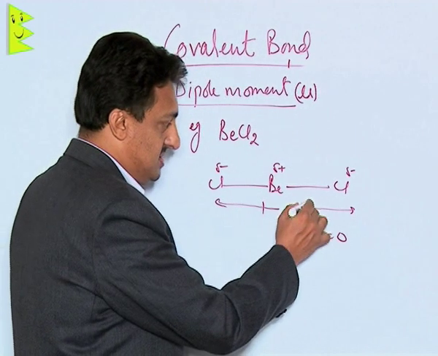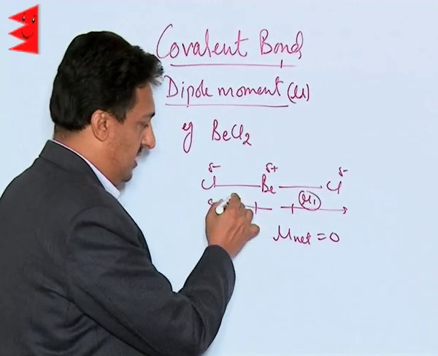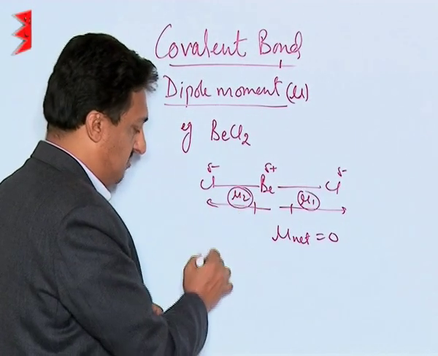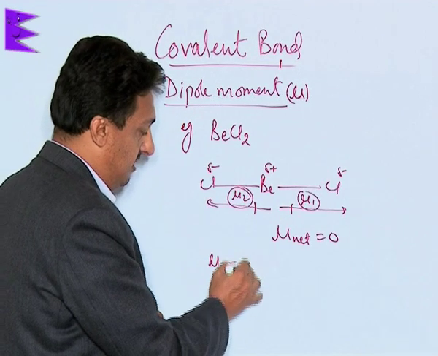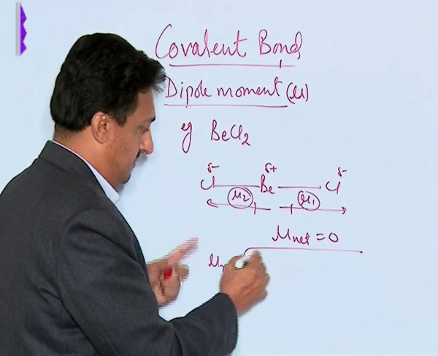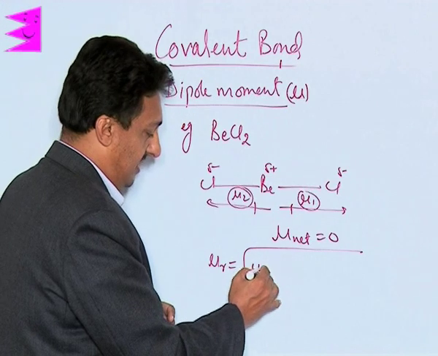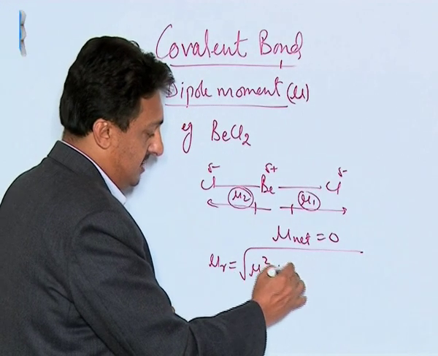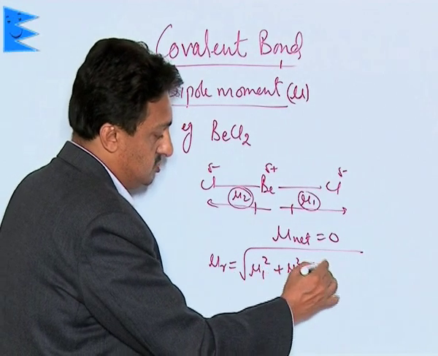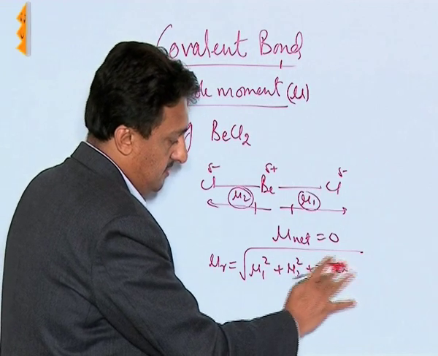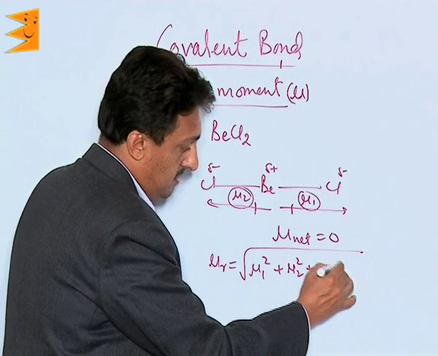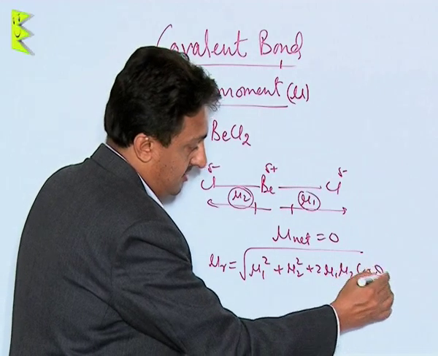Remember, if this is the dipole moment for this bond and this is the dipole moment of this bond, the resultant dipole moment, being a vector, is given as the square root of mu1 square plus mu2 square plus 2 mu1 mu2 cos theta.